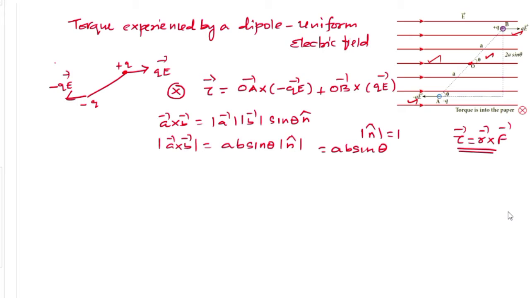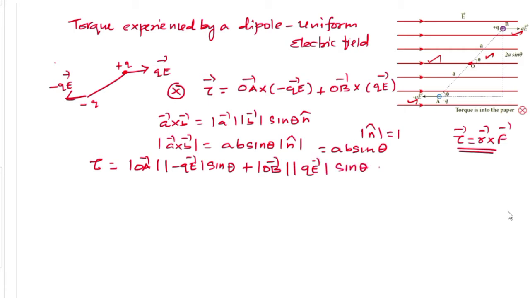So I can write tau vector, and take the modulus on both sides. You will get modulus OA vector into modulus of minus QE vector into sine theta, because n cap will not come since we have taken the modulus. For the second term we get modulus OB vector into the force QE vector into sine theta.